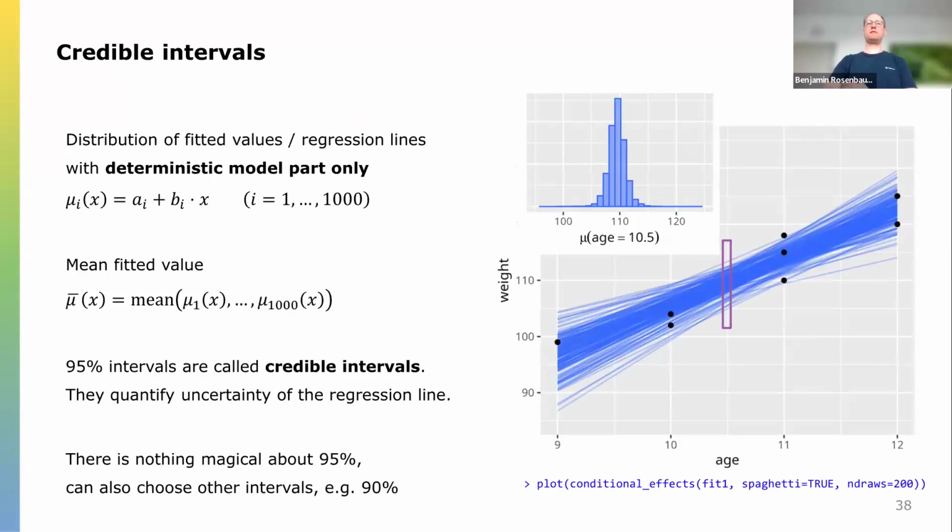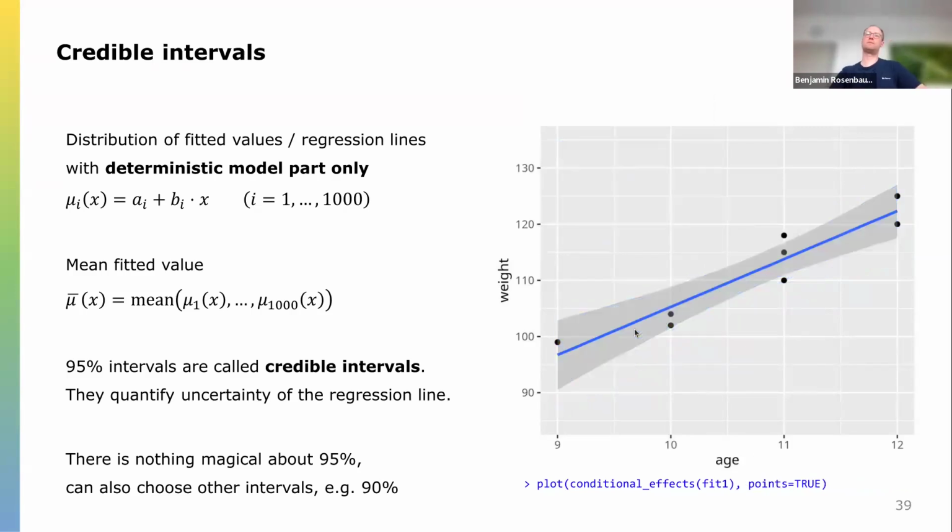And if I do this for maybe 1,000 samples, I get this whole distribution, which I can, for instance, slice through at a certain age, here at age 10.5, and I get the same distribution as before. So this is my distribution of fitted values. And you can extract confidence intervals here, or we call them credible intervals.